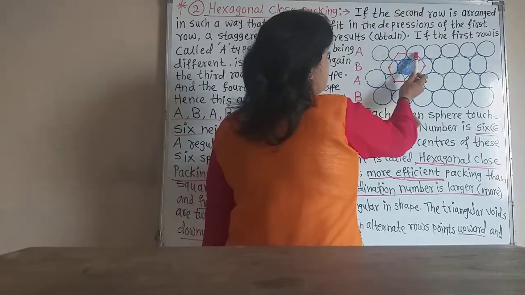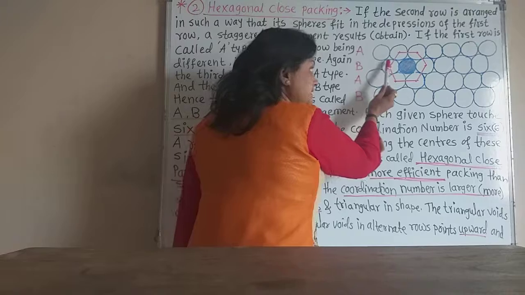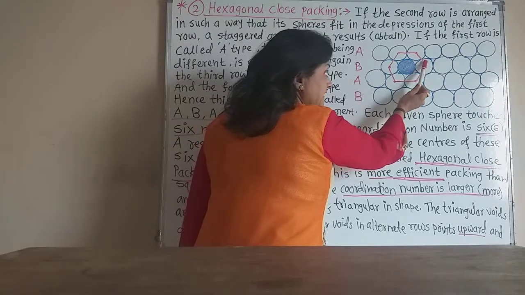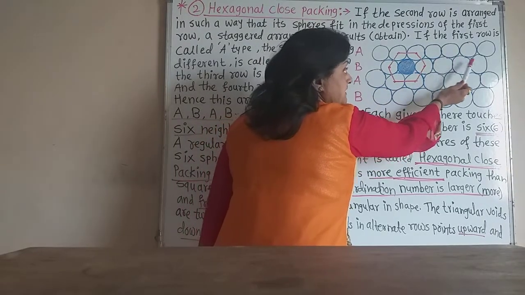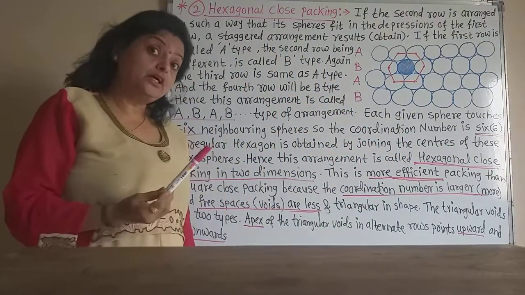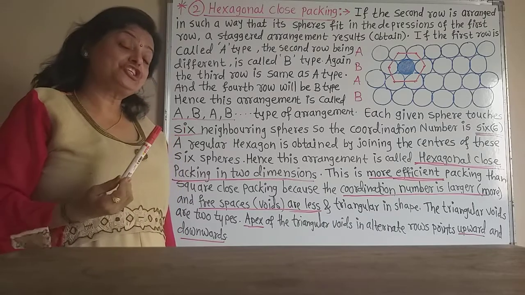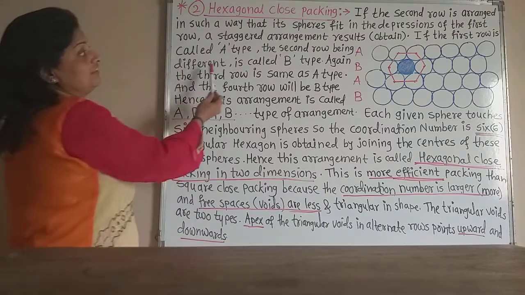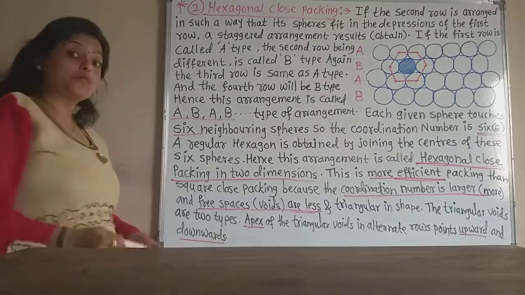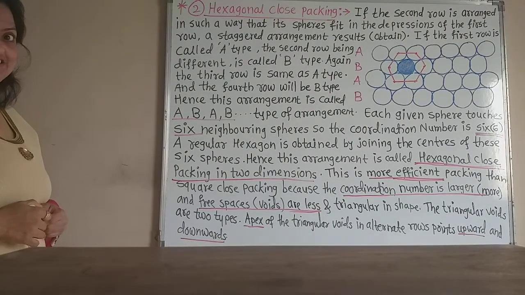Now this is the first row of A type, and the second row is arranged in such a way that the spheres fit in the depressions of the first row. Then such a staggered arrangement results, as shown in the figure.